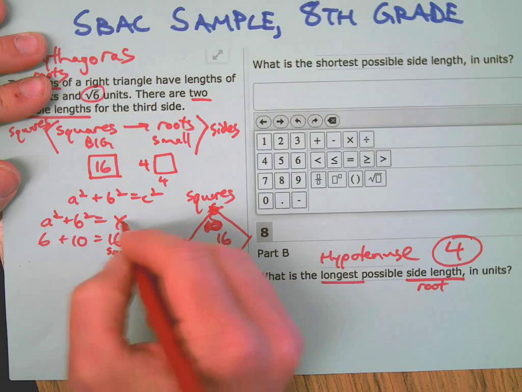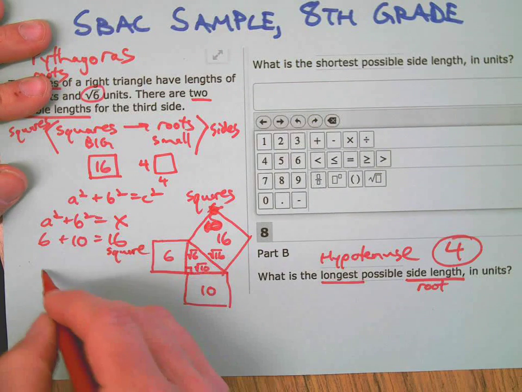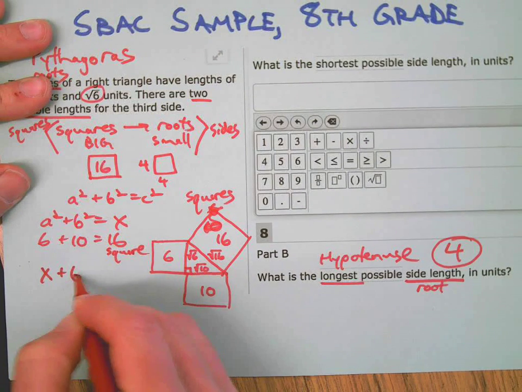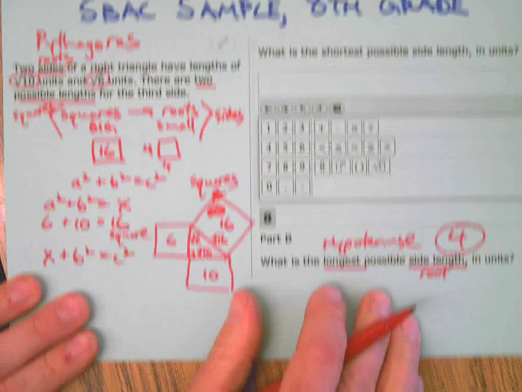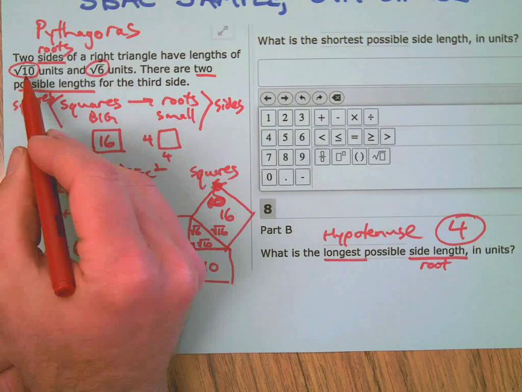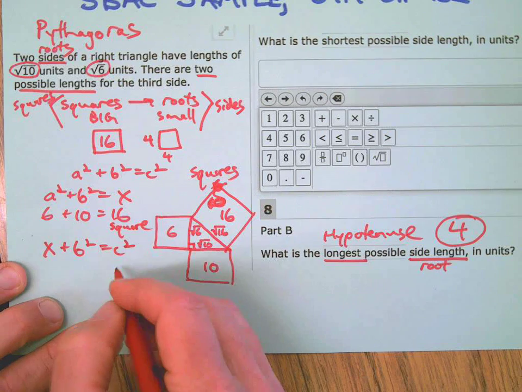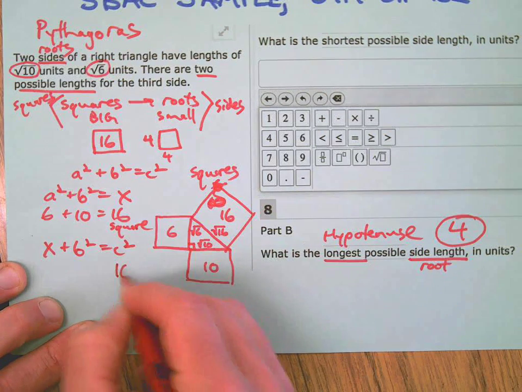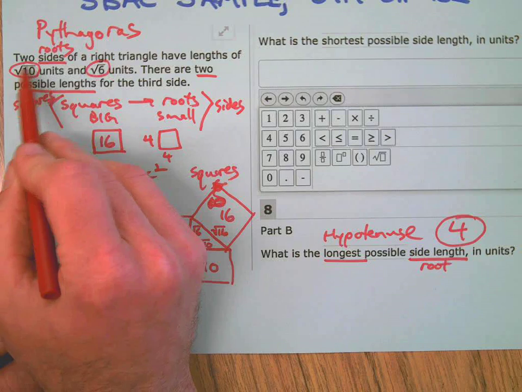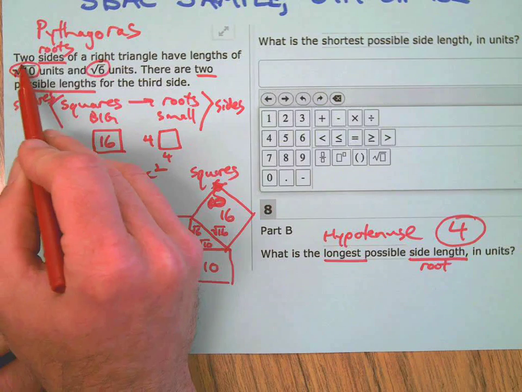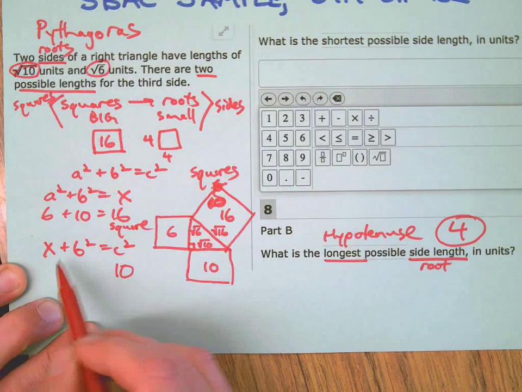Our other possibility, so we could have a missing hypotenuse, we could have a missing leg, which means out of the two given things we have here, the square root of 10 would have to be the longest. Remember, 10 is the square. The root of 10 is the side length.